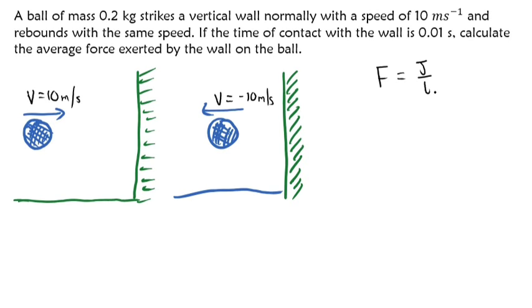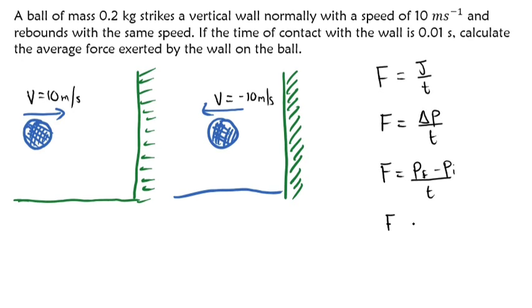Then force is equal to, now impulse is a change in momentum over time. So change in momentum simply means final momentum minus initial momentum, all over time.